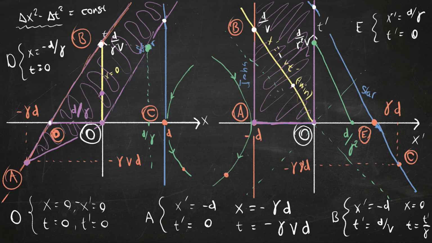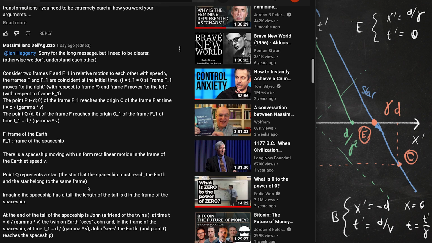But that's not the same as this event here. This is the event A, which gets pulled down to here. So I think that solves that one. This all works out fine when you do it properly. It just takes some thinking.